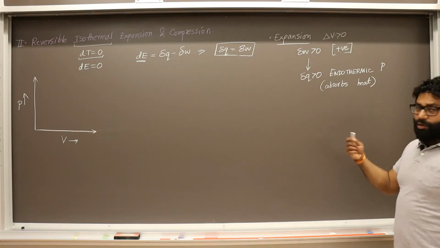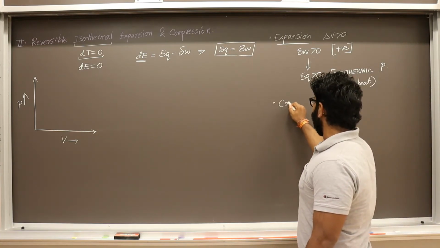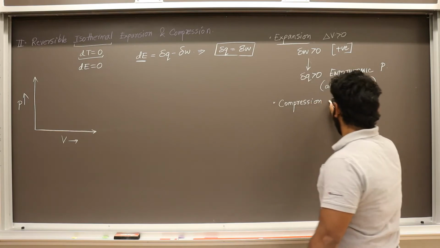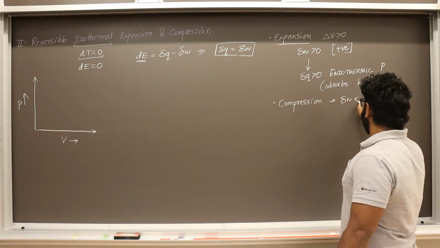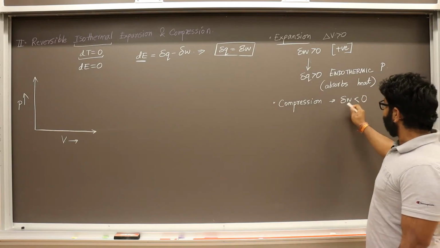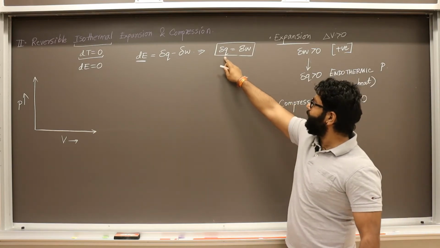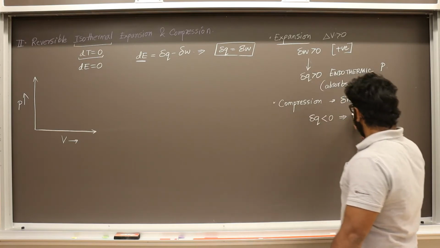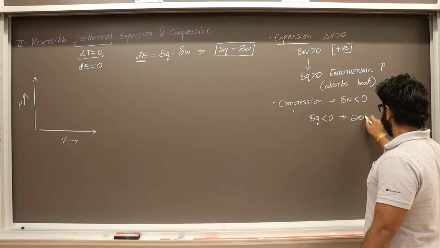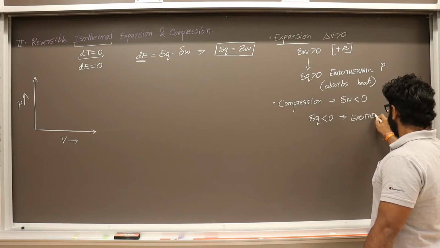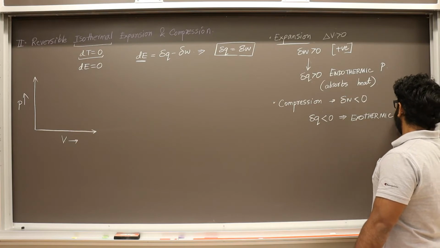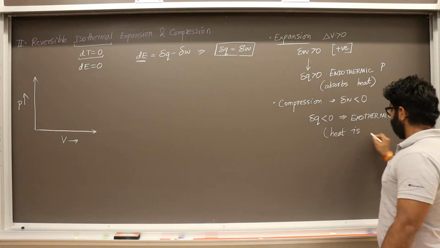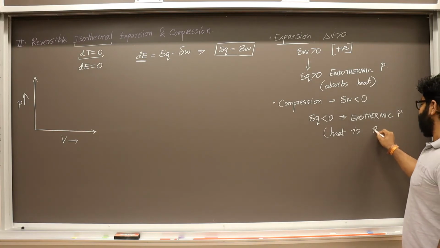Let's look into the opposite, which is very easy. If you have compression, del W is negative. When del W is negative, del Q becomes negative. This is an exothermic process, and heat is released, right?